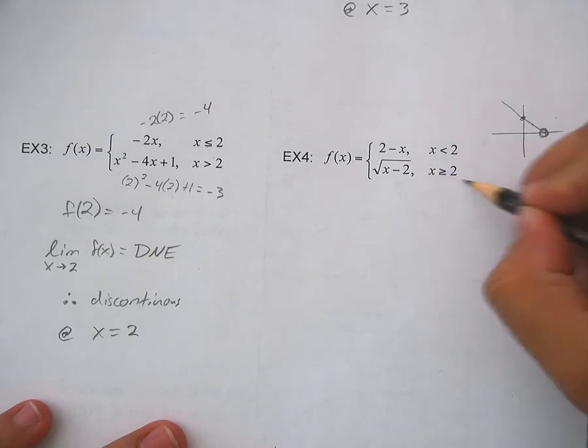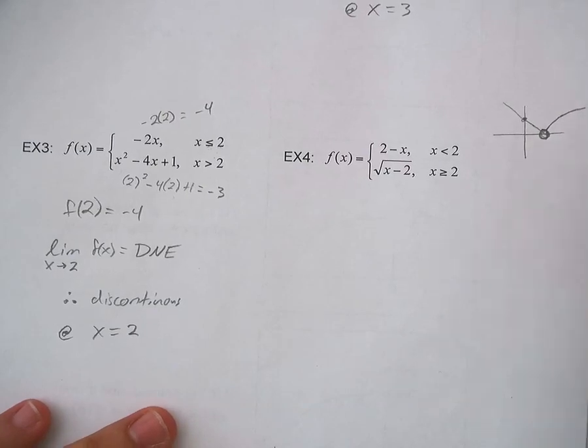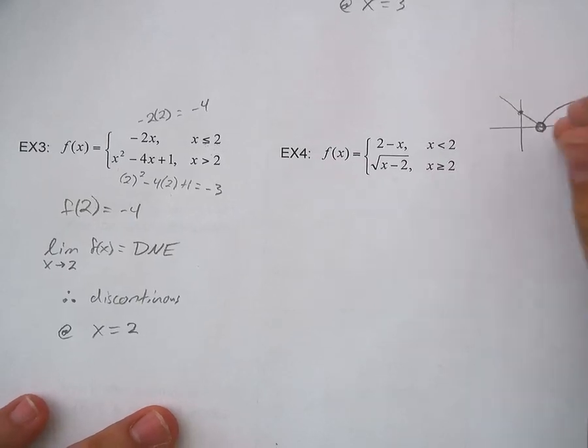And where x is greater than or equal to 2, it's the square root of x minus 2, so shifted right 2, so it's going to be something like this, square root sign, open circle here. Think about it. If there's ever going to be a problem, it's this guy, right? So let's go through and actually work this thing out.